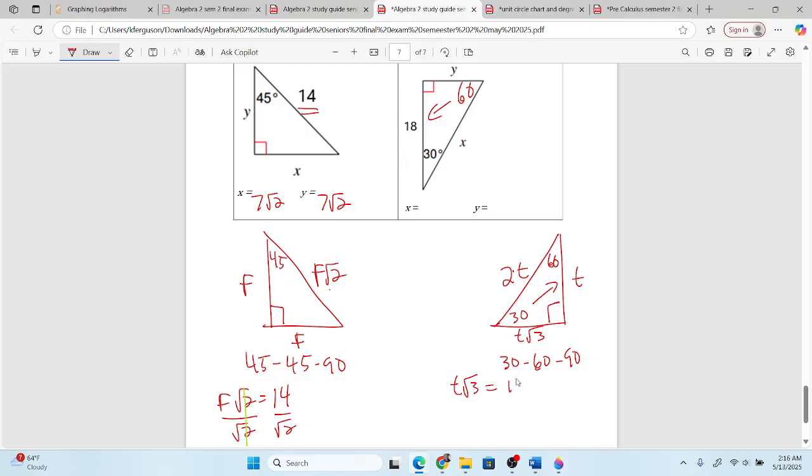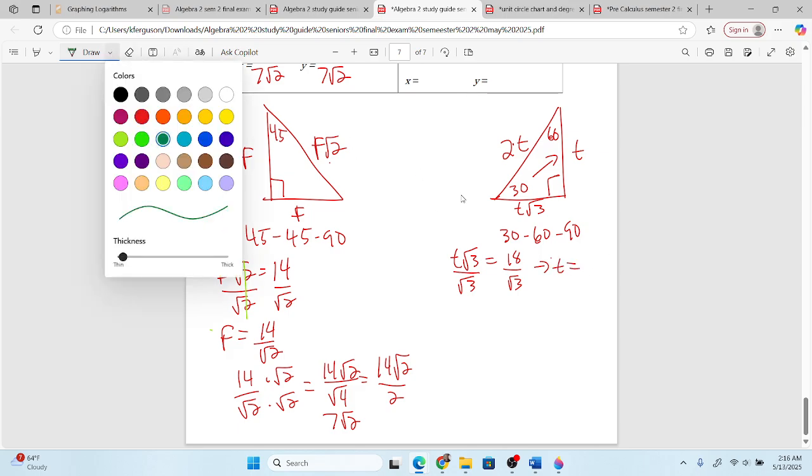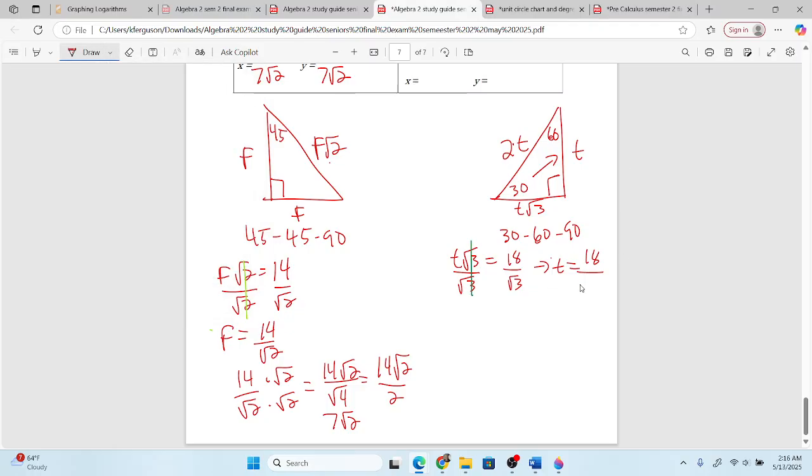And that's going to equal 18. So I'm going to do the same thing. I want to get to T. So I'm going to divide by the square root of 3. That gives me T equals, because those cancel each other out, 18 over the square root of 3. Well, I can't leave it like that.